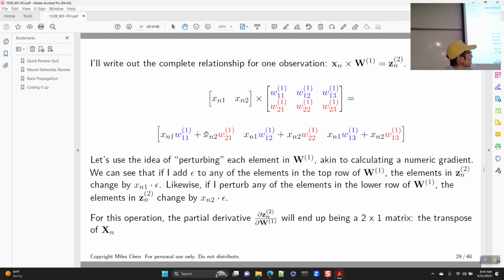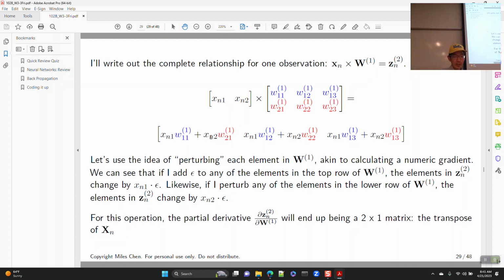Well, when I do that, it gets xn1 times this, and this quantity changes. How much does it go up? It goes up by xn1. And if I change anything in this top row, then it changes by xn1 times anything up there. If I change anything in the second row, it's going to change by a product of xn2.